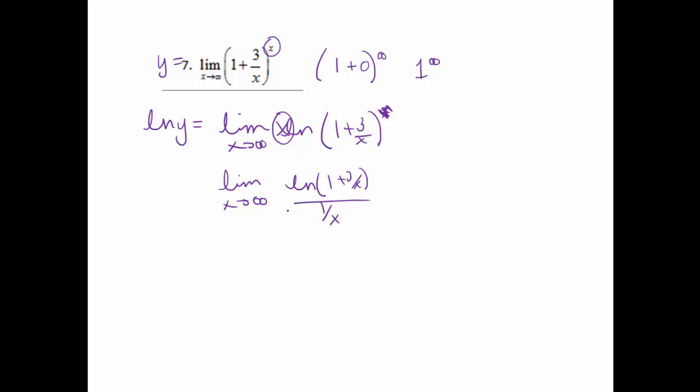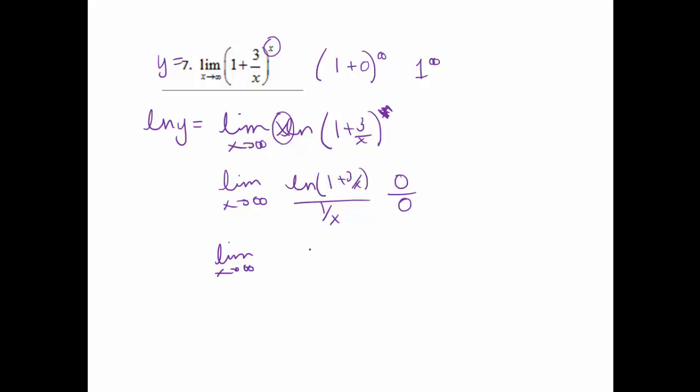Okay, now I get to see if L'Hopital's rule might apply. If I plug in infinity, I'll end up getting the natural log of 1, which is 0, and then 1 divided by infinity will also be 0, so I do get to use L'Hopital's rule now, which is very nice. In the numerator, since I have an ln, it's going to be du over u. The derivative of 1 is nothing.